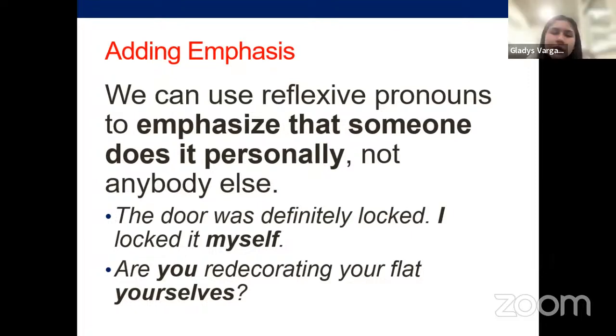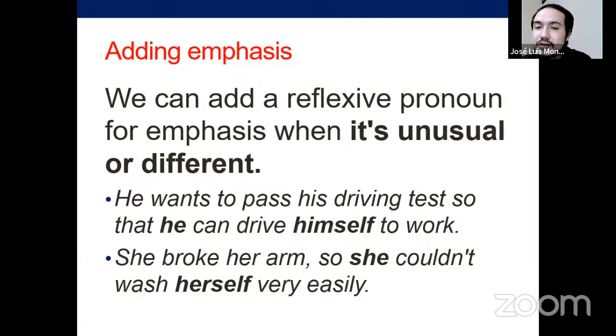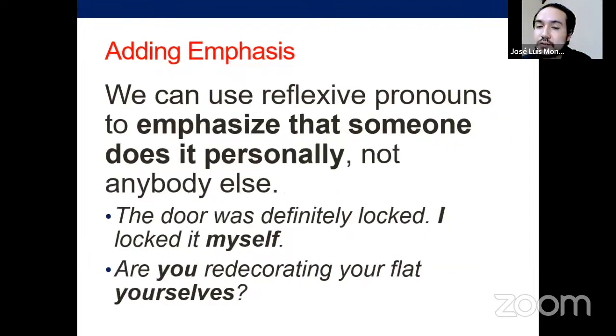Could you repeat the question, teacher? Yes, of course. What is an action that you did in the past that is very unusual, very different, or that you did personally so that you can use this structure, Gladys? It has to be a different example because remember, in your example, when you said, I like myself, you do the action and you receive the action. But in this example, you do the action, but you don't receive the action.